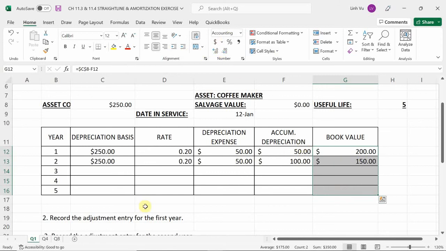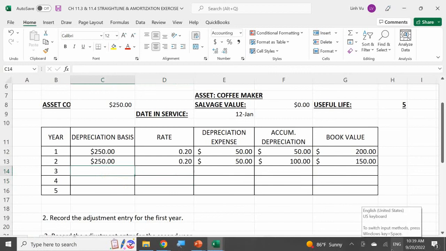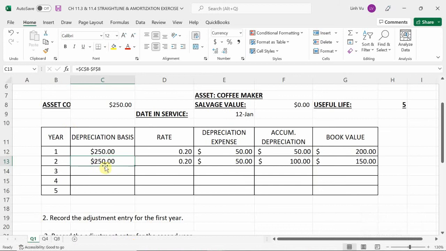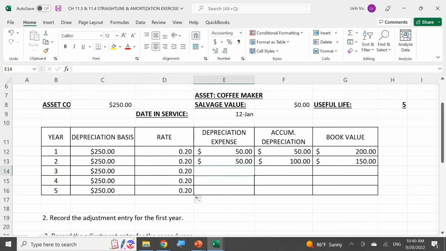Okay. So then, let's go ahead and continue solving. So what's my depreciation basis for year 3? 250. It's going to be the same for all 5 years. So then what's my rate going to be? 0.20. They're all going to be the same. So therefore, what's my depreciation expense going to be? $50. It's also going to be the same, right?